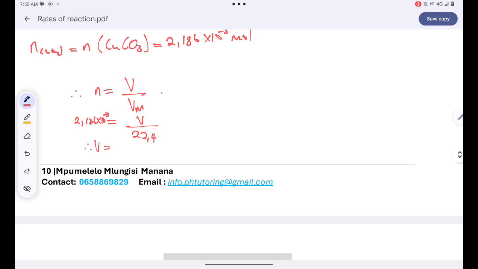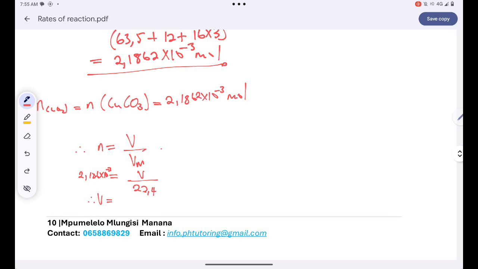Therefore, 2.1862 times 10 to the power negative 3, multiplied by 22.4. So the volume which will be formed will simply be 0.048988, and this can be rounded off to 0.05 cubic decimeters.